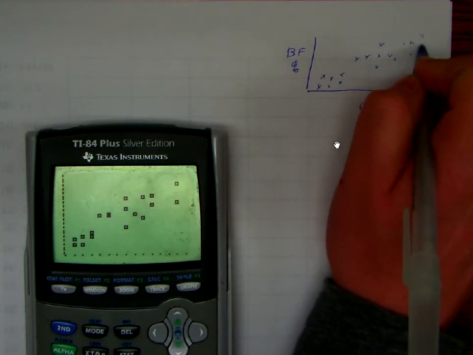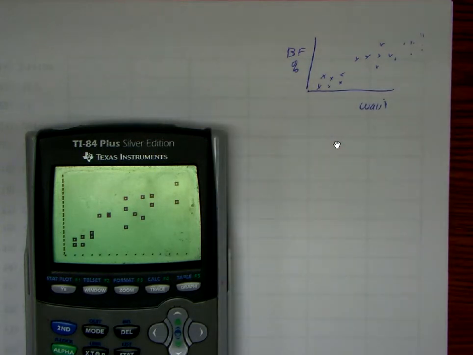I'm probably doing a bad job, but you guys get the idea. Generally, as waist size is increasing, body fat percentage is increasing as well, with a moderately strong linear relationship. After we did this, we were able to find the least squares regression line and make predictions.